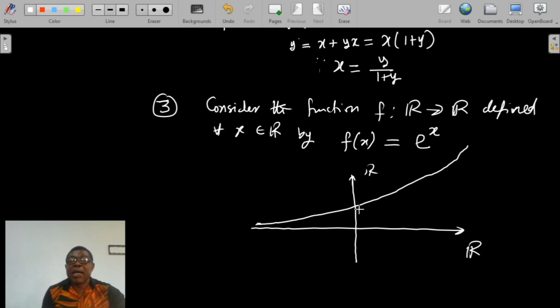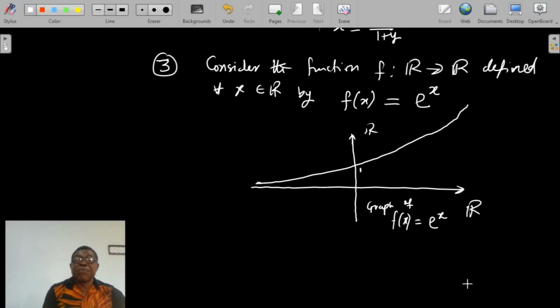It cuts the y-axis at the point 1 because the image of 0 is 1. E raised to the power 0 is 1. So this is the graph of f of x equals e raised to the power x. This particular function f is 1 to 1.